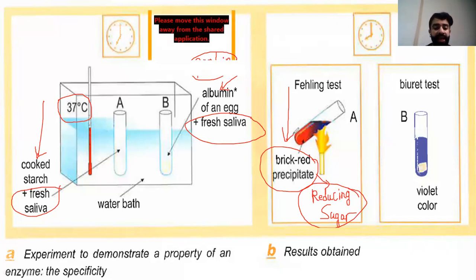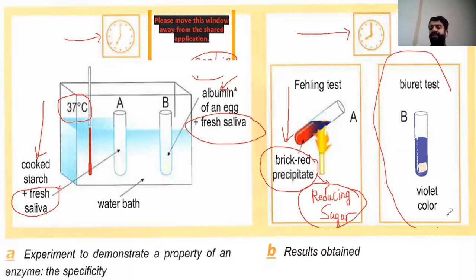So this is digestion. However, in tube B, after 1 hour, the violet test gives a violet color with CuSO4. What is the violet test for?